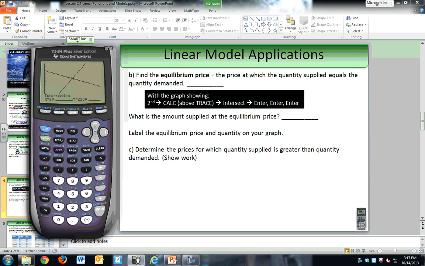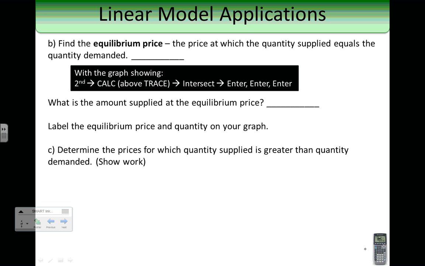So again, an x value is 50 and a y value of 2100. Let's remember, what was the price? The price was our x value. So when I can have a nice equal balance between supply and demand is if I charge $50 for my phone. That's going to be my equilibrium price.